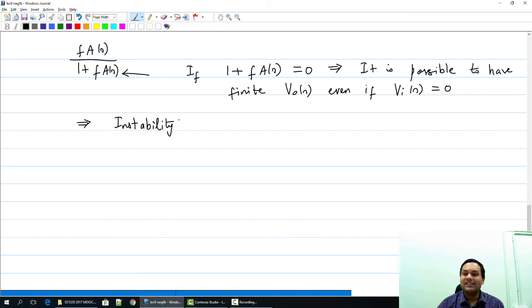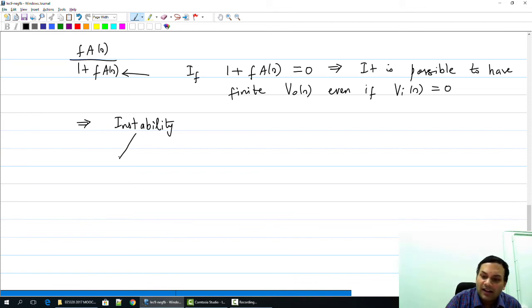A basic idea is that this can be put in many different forms, but in this particular course we will see instability in this very specific form because we are dealing with systems which have a certain number of poles and zeros. So we will express it in this manner.